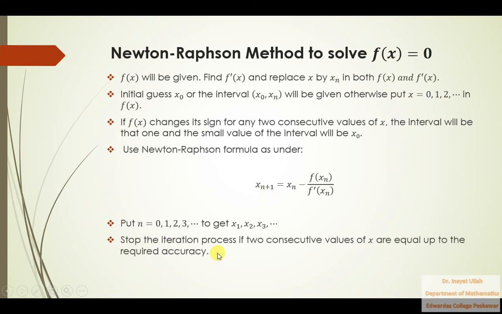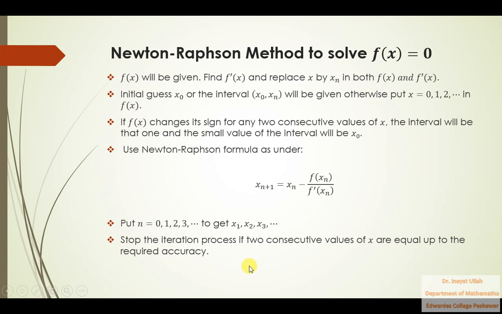We will continue the iteration process, as we have learned previously in the simple iterative method, until two consecutive values of x are equal to the required accuracy. What does required accuracy mean?